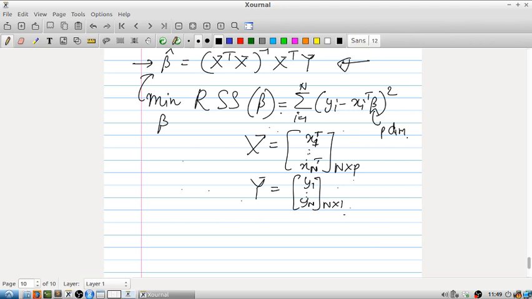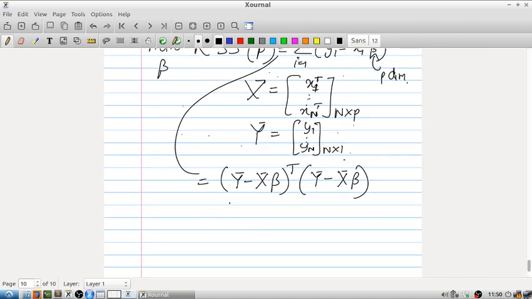So the residual sum of squares is the same as y minus X beta, transposed, times y minus X beta, and we'll check this by examination. Why is this true?